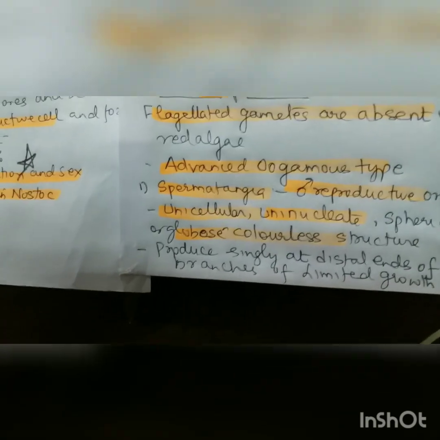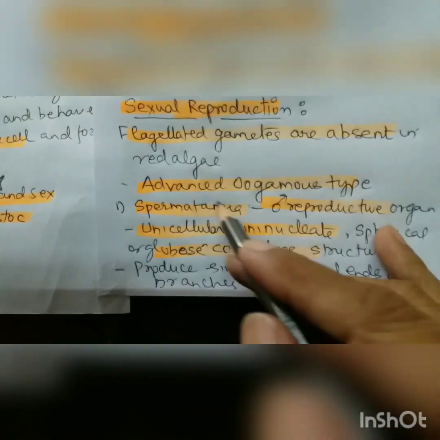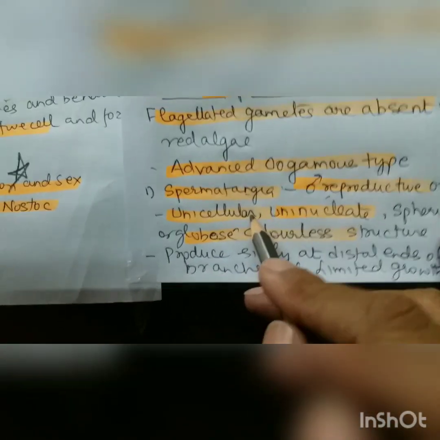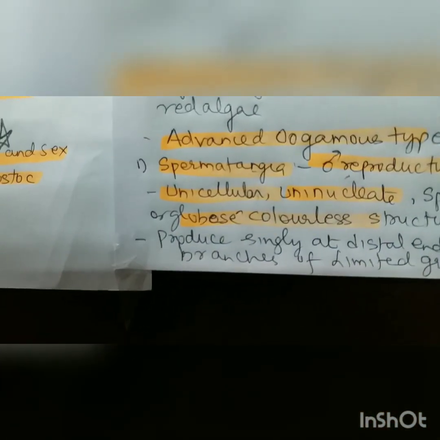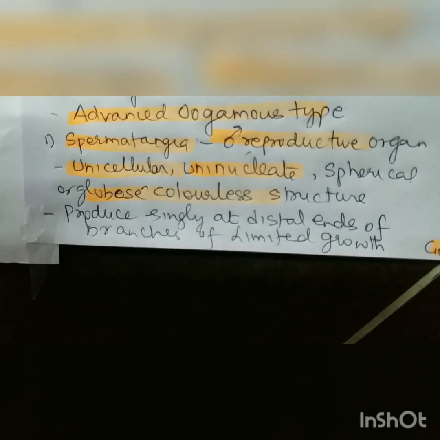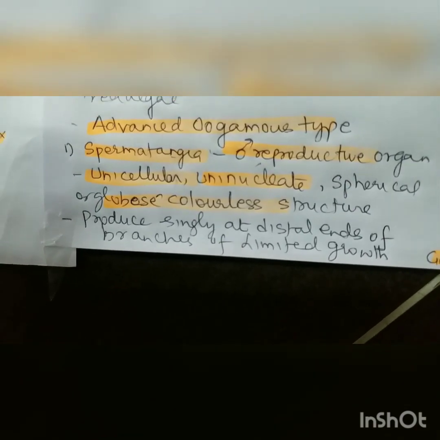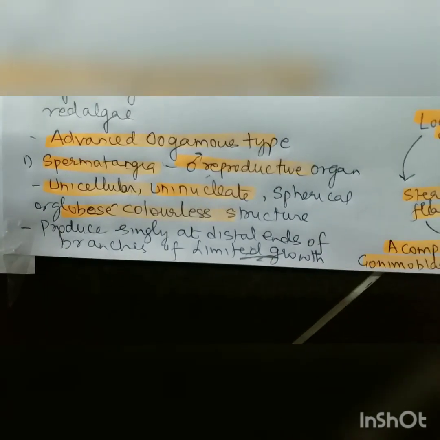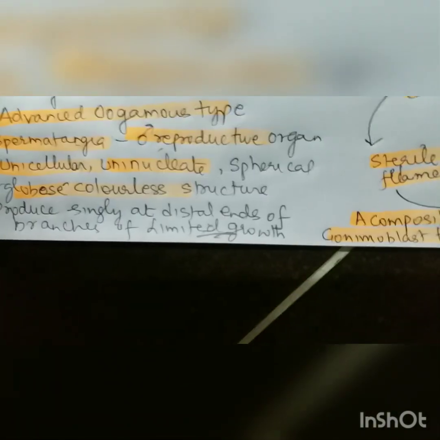So here we have the spermatangia, which are the male reproductive organs, unicellular and uninucleate, spherical or globose, colorless structures, produced singly at the distal end of the branches of limited growth. These are those branches which together form a globose mass, which is called glomerule.